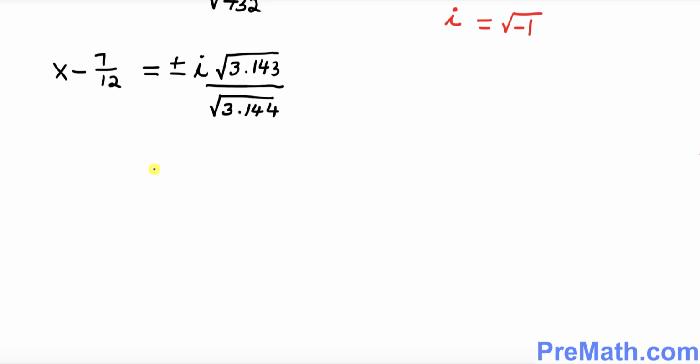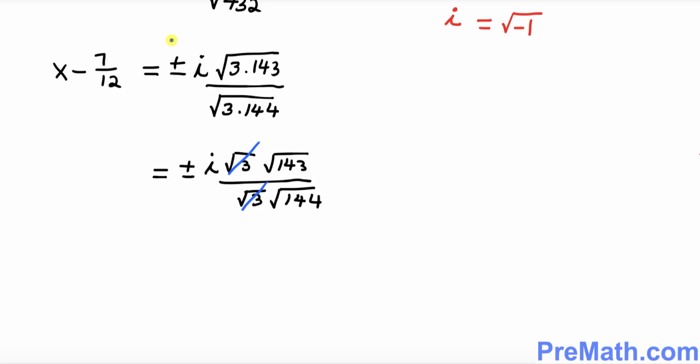We just want to simplify a little bit more. Positive or negative i, let's split these radicals up, like this: the square root of 3 times the square root of 143 divided by the square root of 3 times the square root of 144, isn't it? So what happens right now? This square root 3 and this square root 3 are gone.